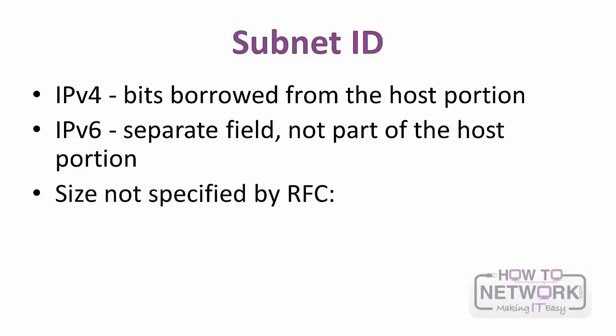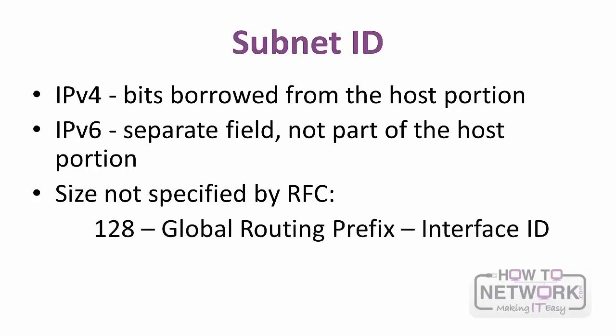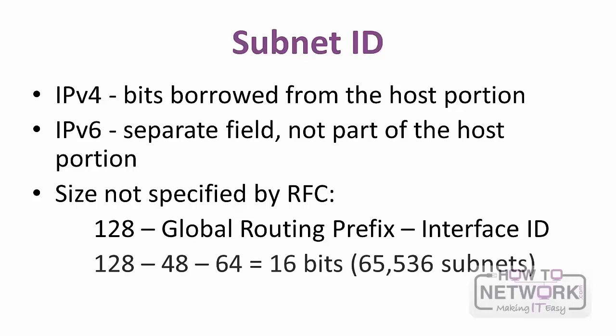RFC does not specify the size of the subnet ID. The 16-bit subnet ID from the previous slide results from a site receiving a /48 global routing prefix. With a 64-bit interface ID, this leaves 16 bits for the subnet ID, which allows 65,536 individual subnets.